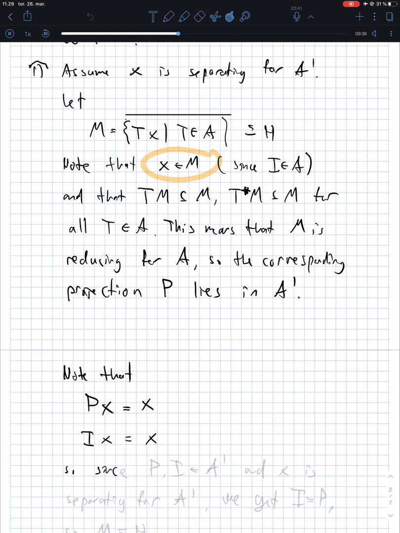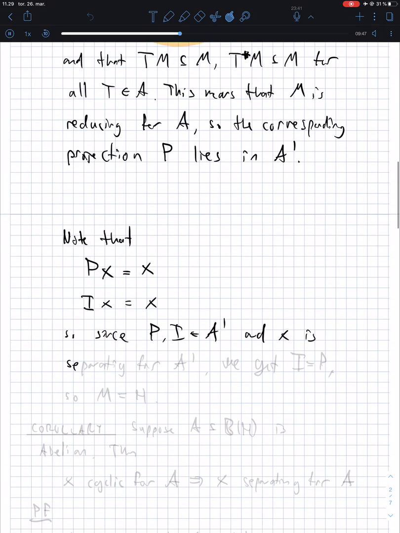So since both P and I come from A prime, and x is separating for A prime, we get that those two operators are the same. So this means that P is the projection which is the identity. So that can only happen if the space that we're projecting down on is all of H, which is what we wanted to prove.